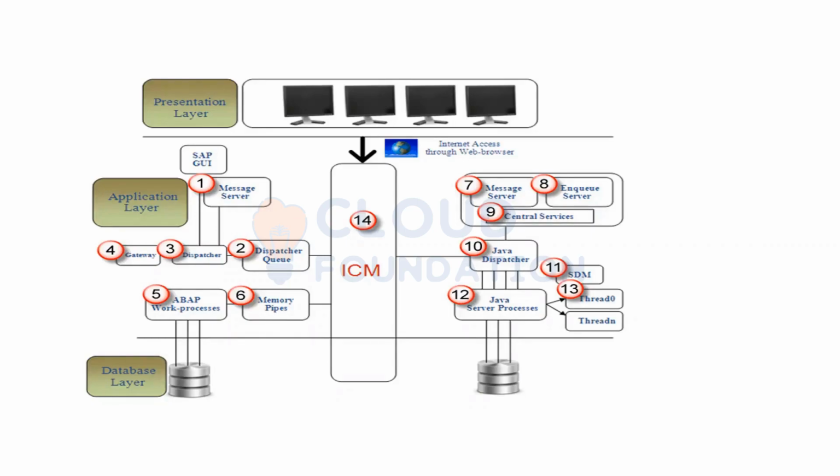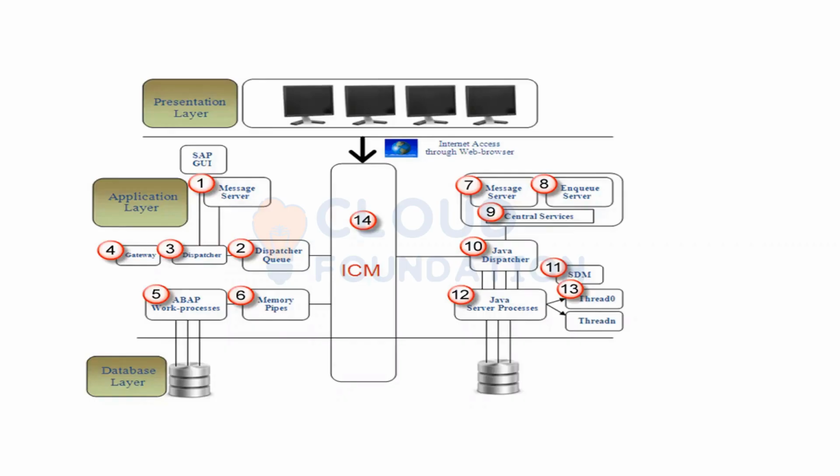Then through the application layer, there will be a lot of work processes. You can see here the message server, SAP GUI, the logon pad, the gateway, the dispatcher. Whatever input we give in the presentation layer, if it has to go to the message server, it goes to the message server through SAP GUI.